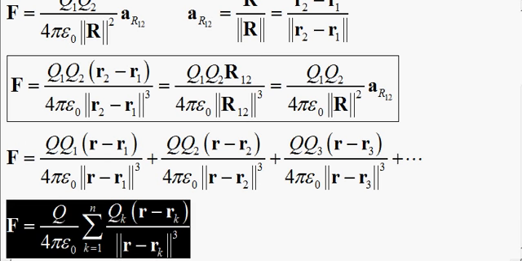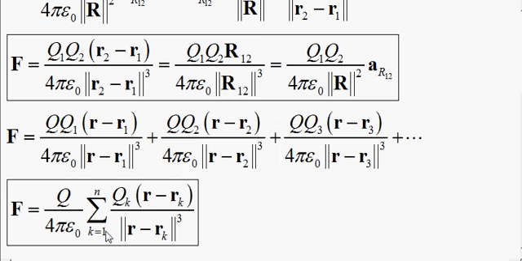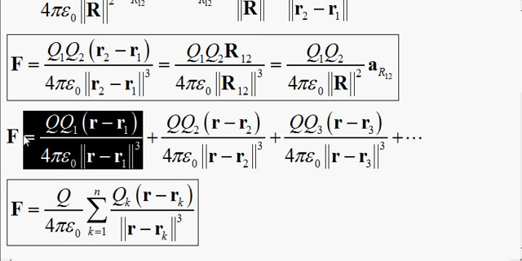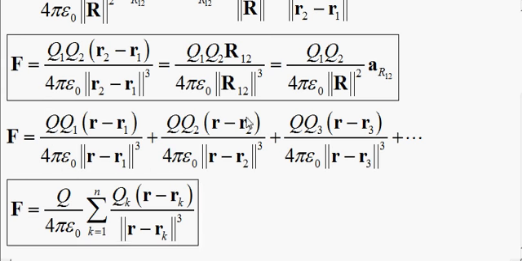If you go through this summation formula, when k equals 1 you just plug it in and you get this one. K equals 2, you get this one. And they're added together. This is the principle of superposition.